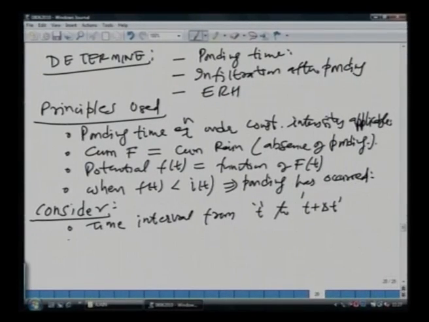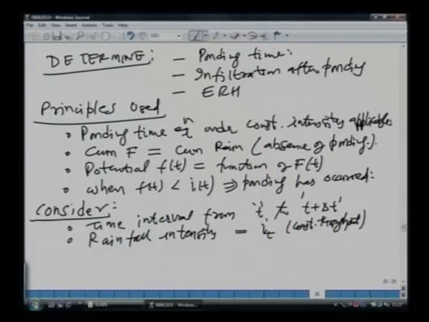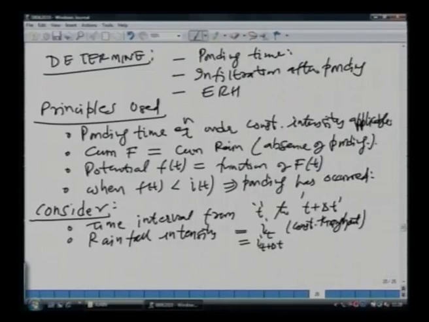The rainfall intensity is equal to I of t, which is constant throughout that delta t, during that interval. So, that would mean that it is also equal to I at time t plus delta t, which is not the case for the infiltration. Infiltration is continuously going down as a function of time, as you know, but I is constant.